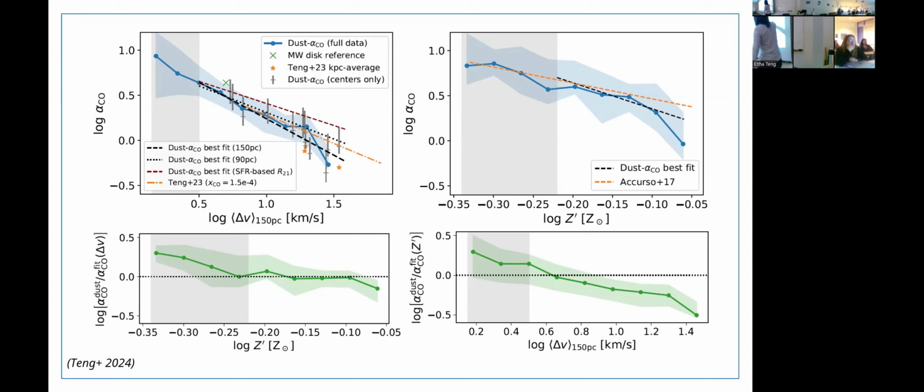Because these alpha CO values are from the dust measurements, and for those samples they are using not the PP04, but the other one, the PG16S calibration. So these are based on the PG16S calibration. But we also really want to use strong line measurements; because we are testing on large galaxy samples, we don't have that many strong line measurements across them, so we have to use other methods.